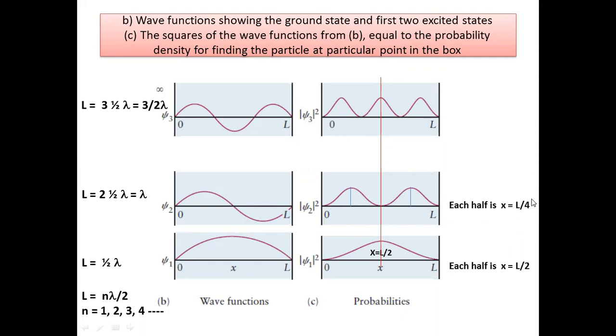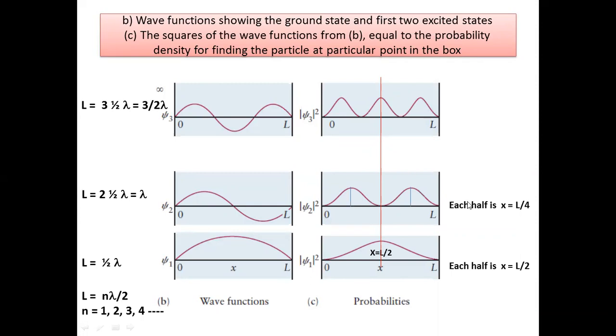If you add up L by 4 plus L by 4 plus L by 4 plus L by 4, that will be equal to L. Or in another way, if you divide L by 4, each part will be equal to L by 4. So in two ways, you can calculate the value of x.